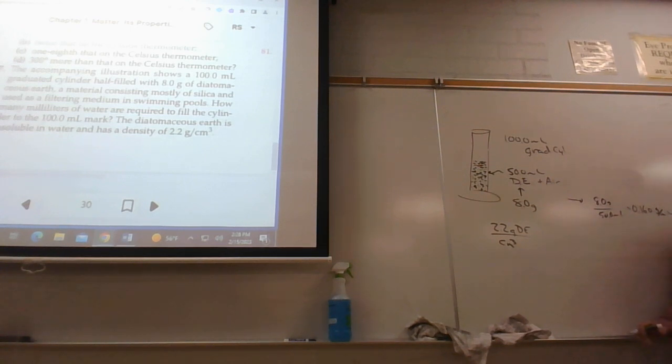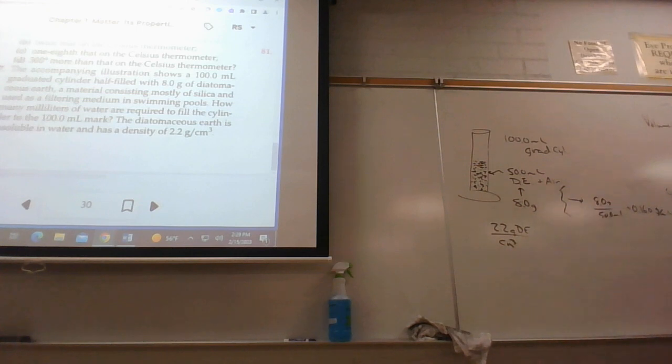The way we have to do this is we have to figure out what the volume of the diatomaceous earth itself is. If we know how many grams of diatomaceous earth we have, 8.0 grams, and we know the density, 1 cubic centimeter per 2.2 grams of diatomaceous earth, then we can get the volume of diatomaceous earth in cubic centimeters or milliliters.